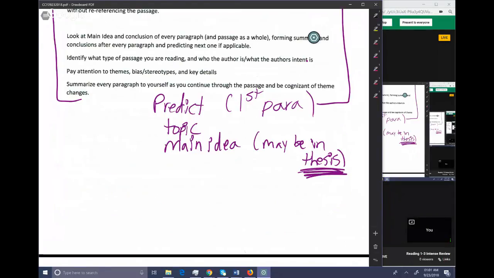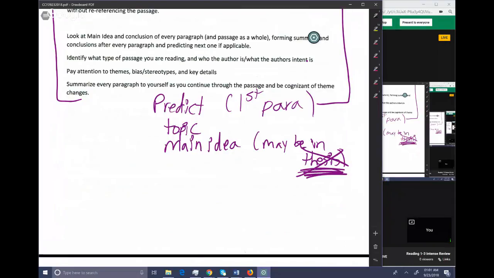I don't focus heavily on thesis. That's not the best way to do things, because it's all strategic, looking down at it from a high level and thinking of things as a general big strategy. So what I want you to do is read the intro paragraph, and from the whole way that they're introducing the passage, predict what the topic and the main idea are going to be for this entire passage.